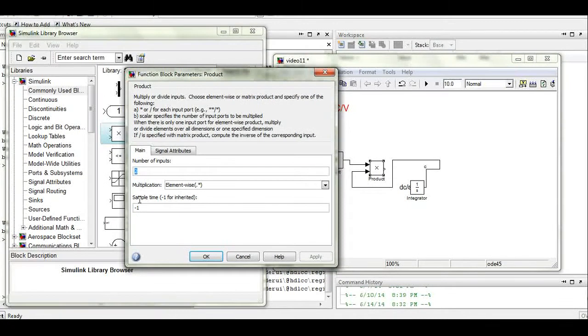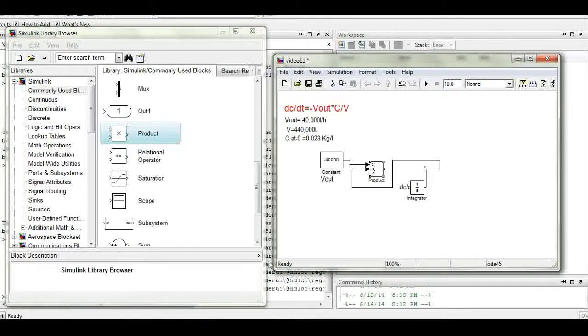We have 2. You can replace it by 2 multiplications and 1 division, or anything you want. So I will do 2 multiplications, and this is a division sign. I need the division sign for the volume.